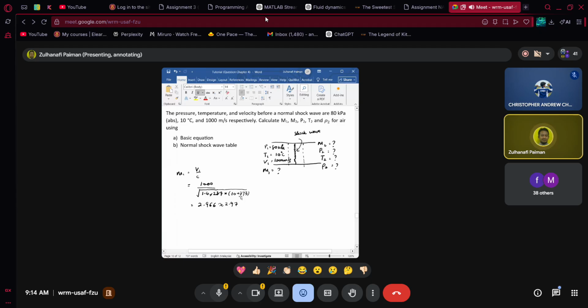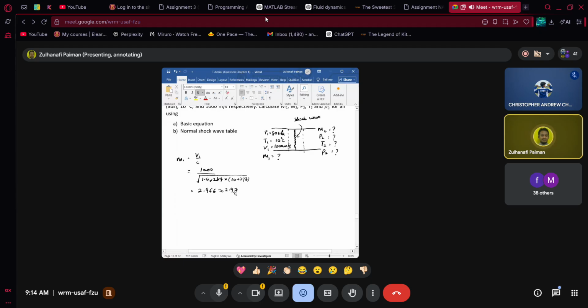And once you get M1, you can determine the M2. So use the equation. M2 square, since this is air, so you can simply use this equation: M1 square plus 5 over 7 M1 square minus 1.